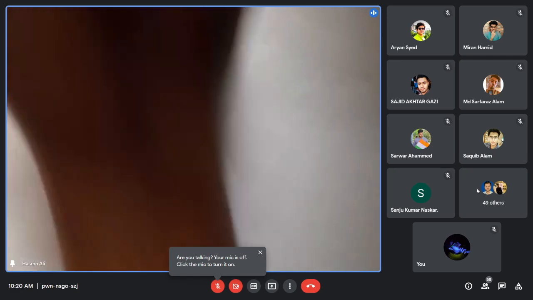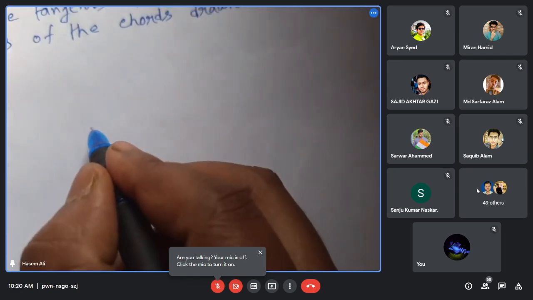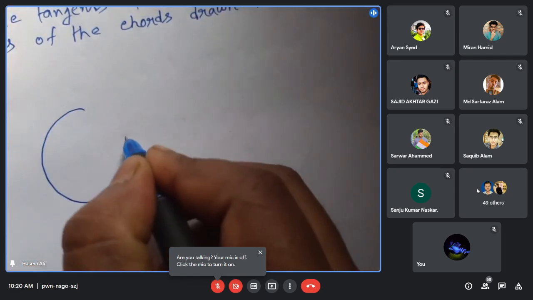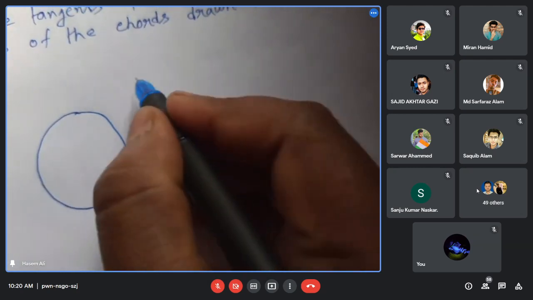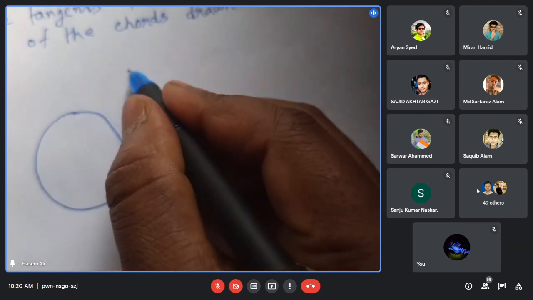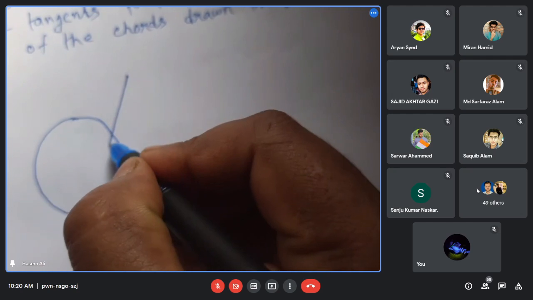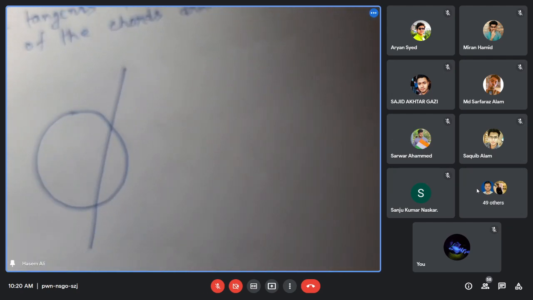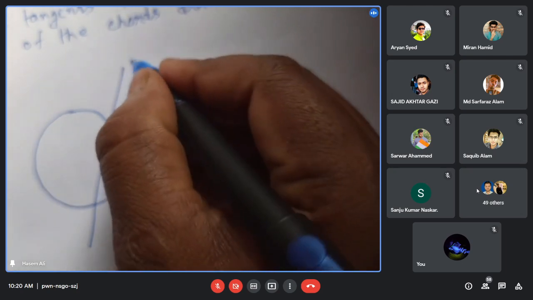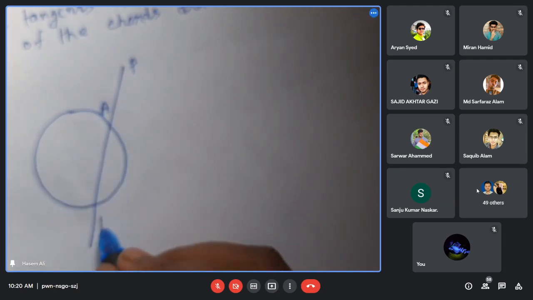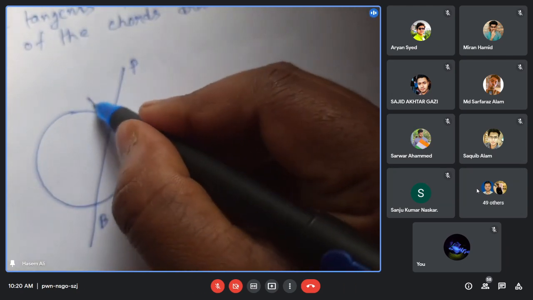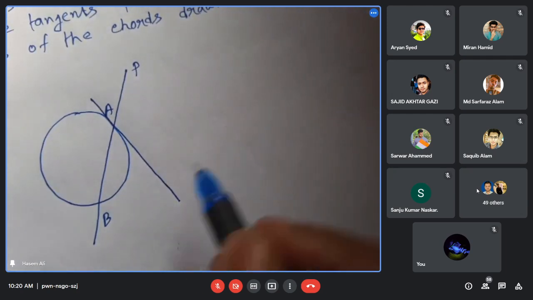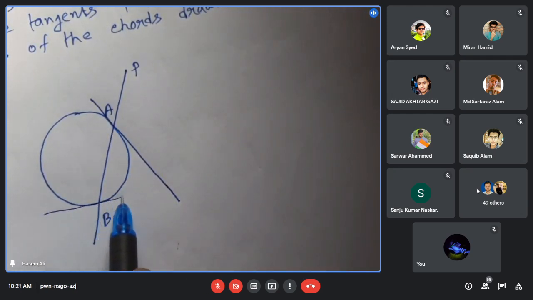See this picture again. This is our conic, and let P be any point. Then we draw a chord. This chord meets the conic at the points A and B. Now we draw the tangents at these extremities.